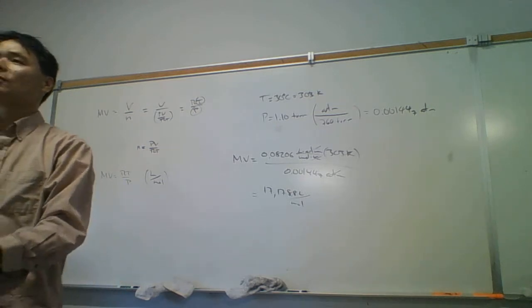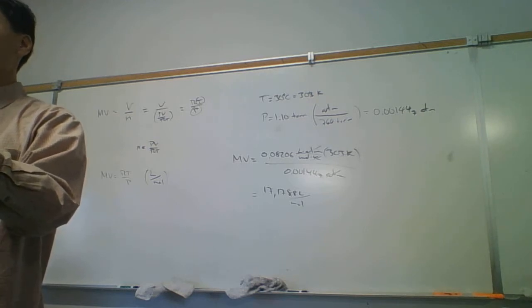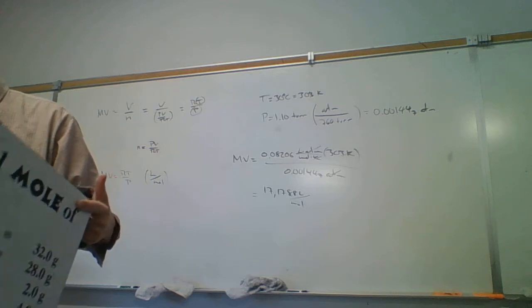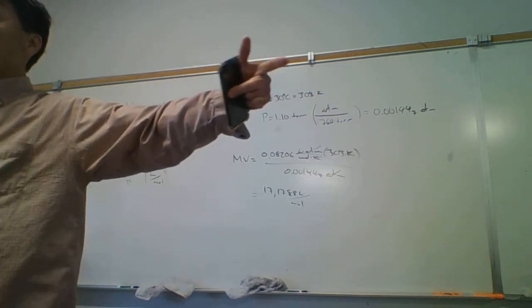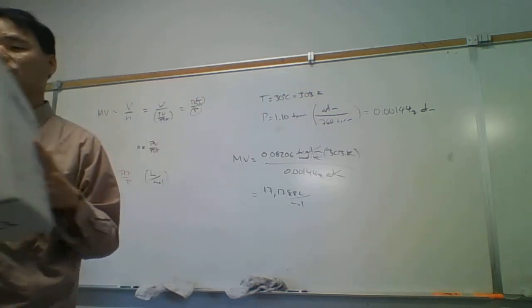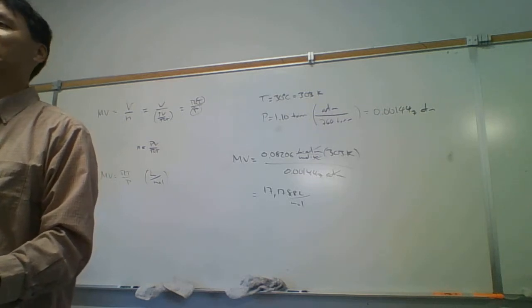So you take 1 mole of gas at 1 atmosphere pressure, at 0 degrees C, and then you lower the pressure. That gas is going to expand from about 22.4 liters to 17,000 liters.